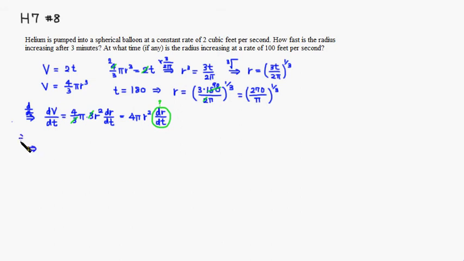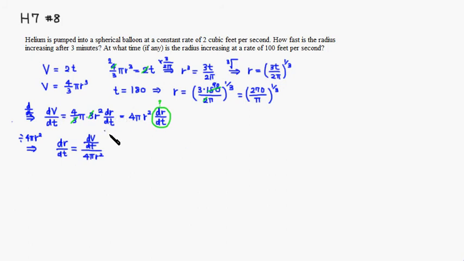By dividing through by 4 pi r squared, we get dr over dt, that's what we're looking for. It's all by itself, so you just divide dV over dt by 4 pi r squared.